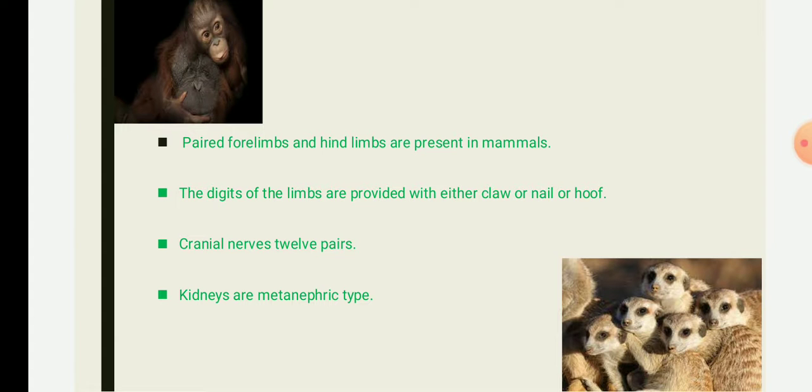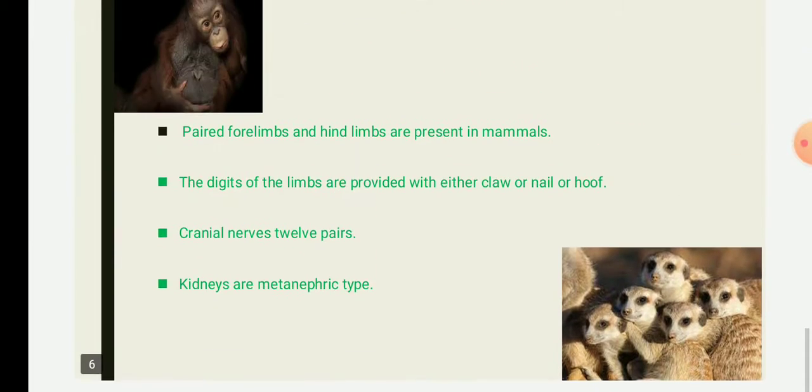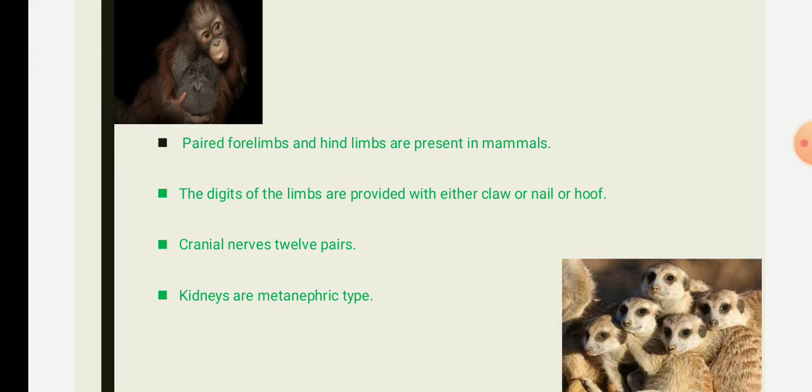I have not yet mentioned the digestive system. The alimentary canal is without a cloaca. They have a buccal cavity separated from the nasal passage by a hard palate formed by the maxillae and palatines.